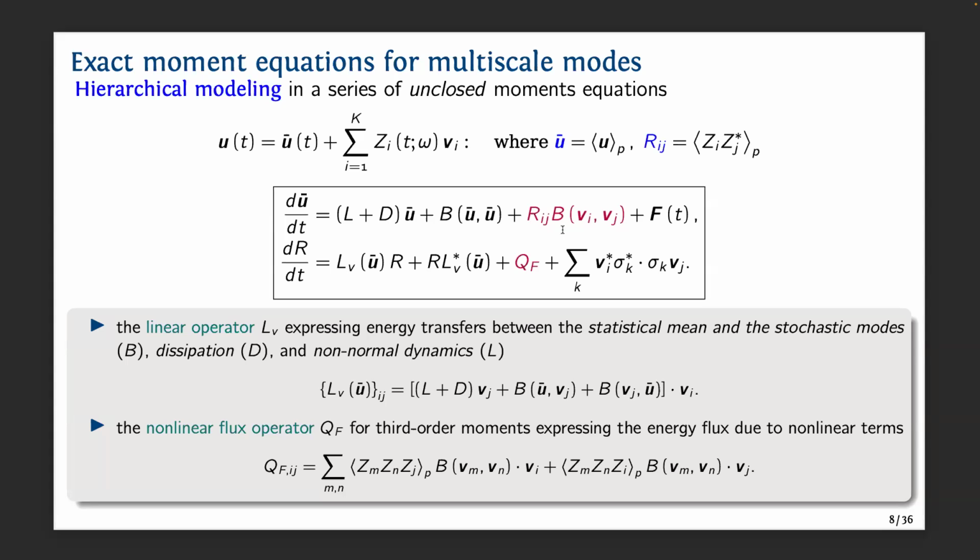And if we want to use this type of closure model or moment model, this third order moment term is very important, and you can observe it from this equation. The first part, the linear or the quasi-linear part, is written in this way. It includes the mean and the interaction with the modes.